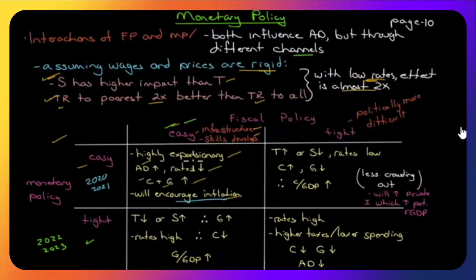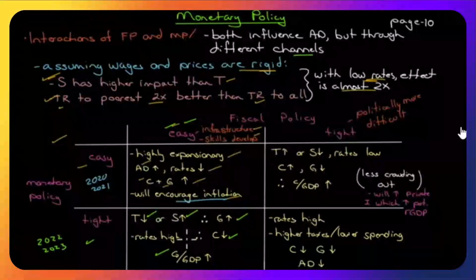So with easy fiscal policy, either tax rates are dropping and you leave consumers with more money to spend, or spending increases by the government. Whichever way you do it, G, the component of GDP, will increase. Since rates are high, consumption from private households will decrease, so the ratio of G to GDP will increase.